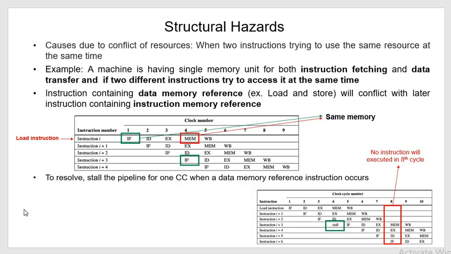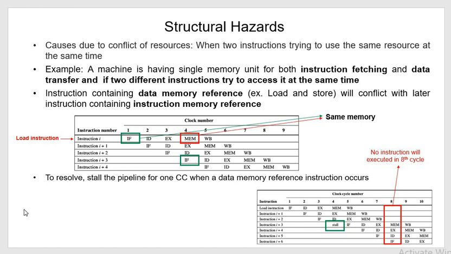When a machine is pipelined, the overlapped execution of instructions requires pipelining of the functional units and duplication of resources to allow all possible combinations of instructions in the pipeline. If some combination of instructions cannot be accommodated because of resource conflicts, the machine is said to have a structural hazard.